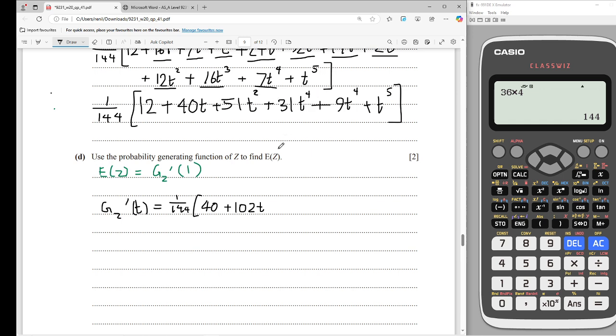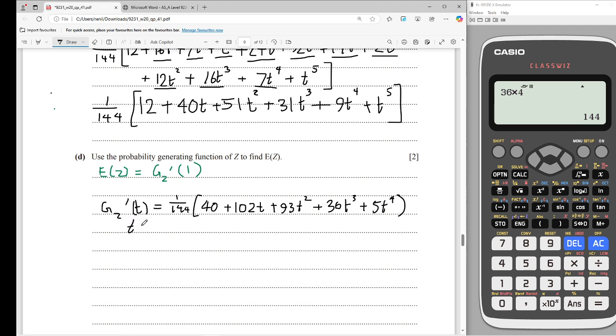Sorry, it's not 4 times, that is going to be 3 times 31 equals 93, t squared. Note that all the exponents decrease by 1. Then 9 times 4 gives 36t cubed. Finally 5t to the power 4. This is our PGF of Z when differentiated.